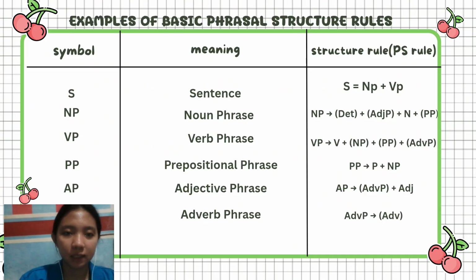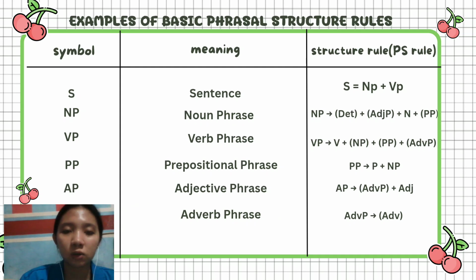Examples of basic phrasal structure rules. The first one is the symbol S as a sentence. The structure rule is S equals noun phrase plus verb phrase. Second, the symbol NP as a noun phrase.